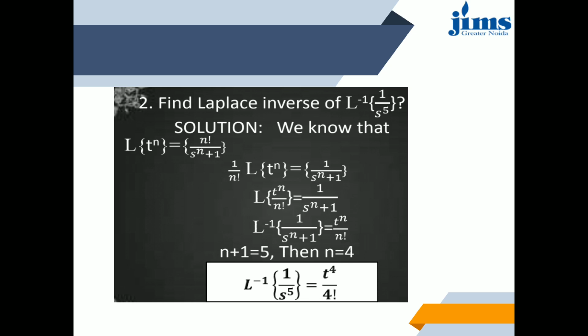That means the Laplace transform of t to the power n divided by n factorial is equal to 1 upon s to the power n plus 1. So this gives you t to the power n divided by n factorial. Here n plus 1 is equal to 5, so n equals 4. Then the Laplace inverse of 1 upon s to the power 5 is t to the power 4 divided by 4 factorial.